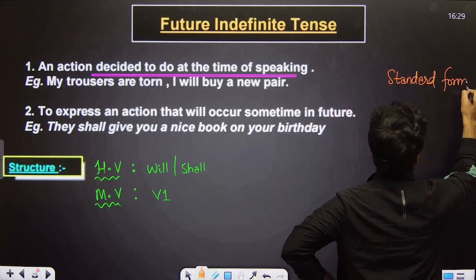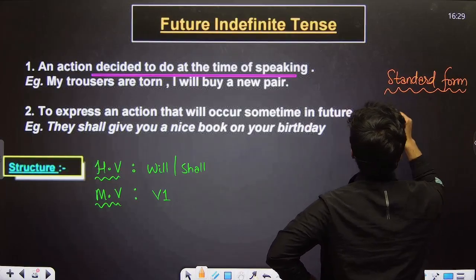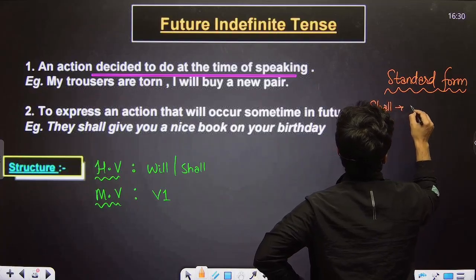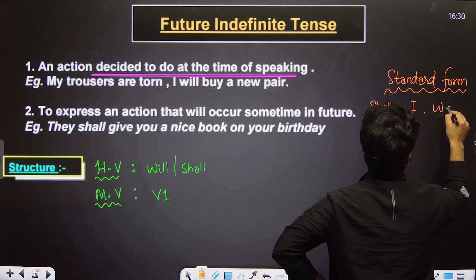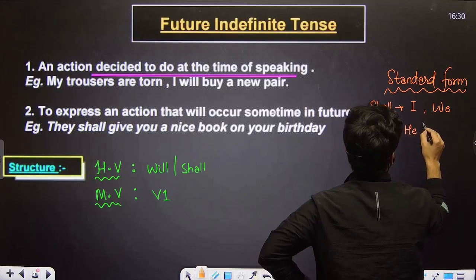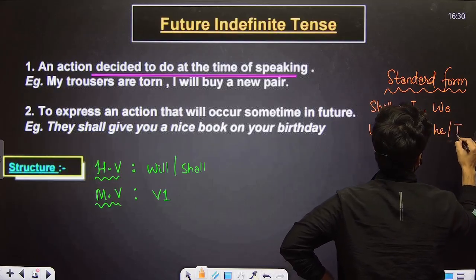In the standard form, shall was used with I, we, and will is used with he, she, it, they.